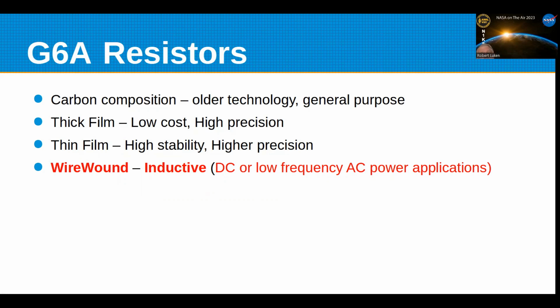So they can cause a lot of problems if you try to use them at high frequency AC or RF because of the inductance, and it can be very unpredictable. They're normally used as power resistors in DC or low frequency AC circuits like power supplies.